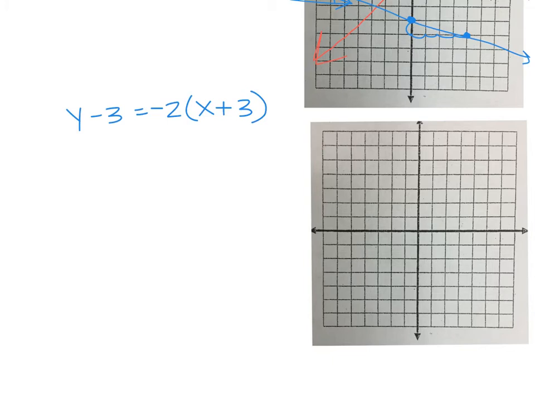Okay, and here's where people tend to get confused and make little mistakes. What form is this? Point, slope. So you have a point and you have a slope. What's your slope? -2. You can think of that as -2 over 1 because that's how it's going to move. What's your point?